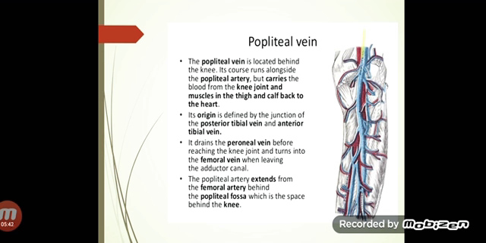It drains the peroneal vein before reaching the knee joint and turns into the femoral vein when leaving the adductor canal. The popliteal artery extends from the femoral artery behind the popliteal fossa, which is the space behind the knee.